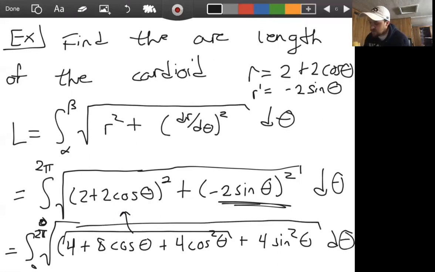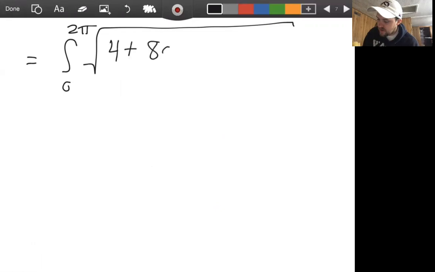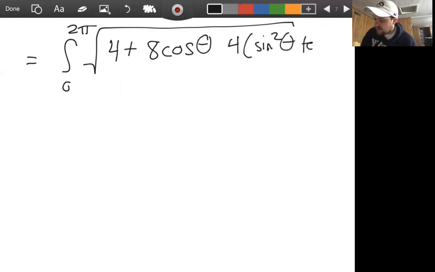We see that we have a cosine squared plus sine squared after we pull out the 4, and then we can add the 4 to this 4 over here. What we get is the integral from 0 to 2 pi of the square root of 4 plus 8 cosine theta plus 4 times (sine squared theta plus cosine squared theta), d theta.